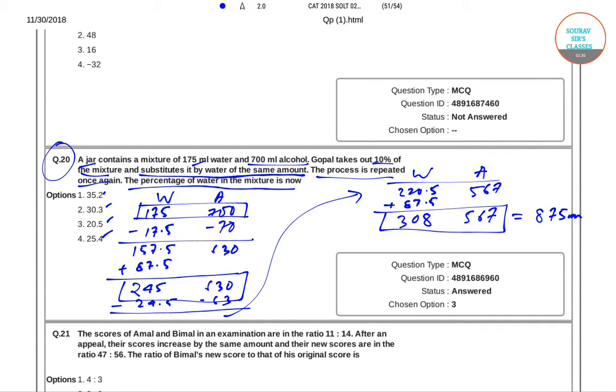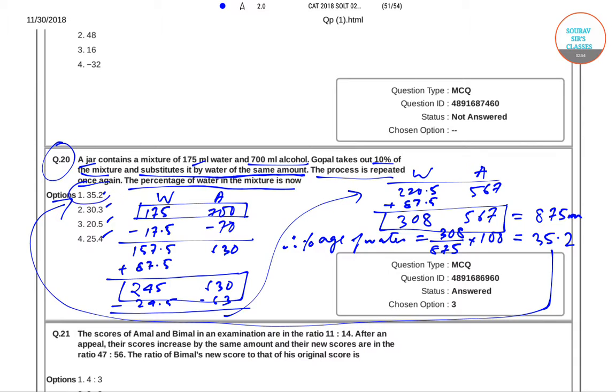So the percentage of water will be equal to 308 by 875 into 100, which ultimately lands up to 35.2, which is given by option 1 over here. Let's go into the next question, which is question number 21.